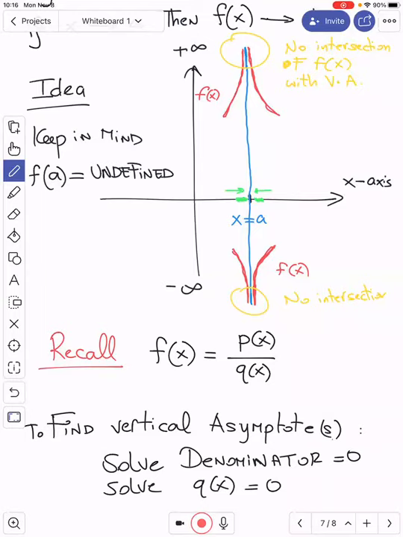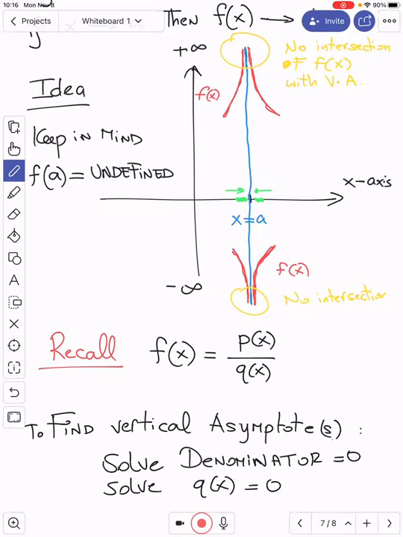Okay, and the solutions of q of x equal to 0 don't belong to the domain of f, right? Because that's where the denominator is going to be 0. And remember, guys, we're not allowed to divide by 0. So the solutions of q of x equal to 0 don't belong to the domain of f.